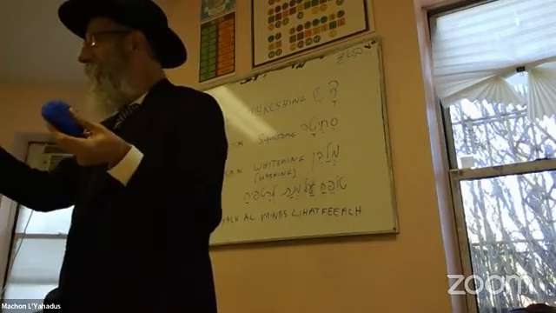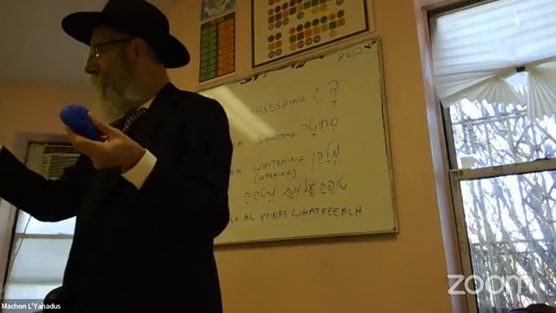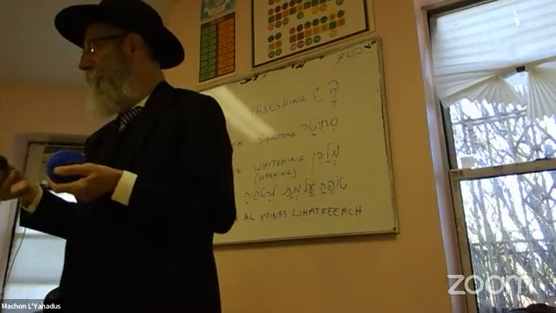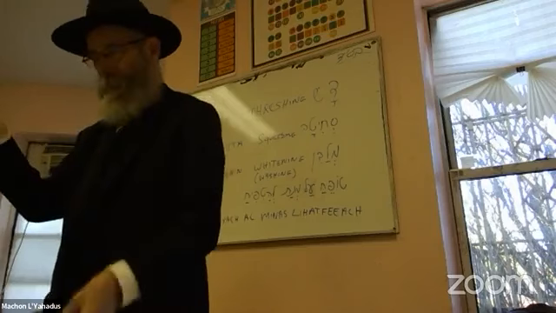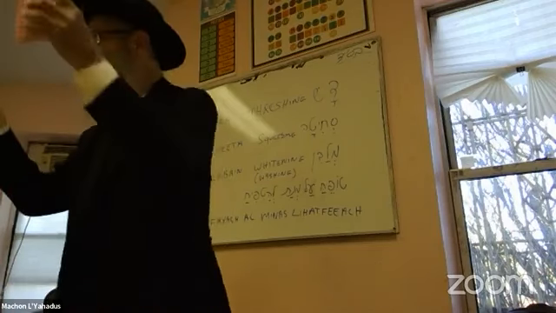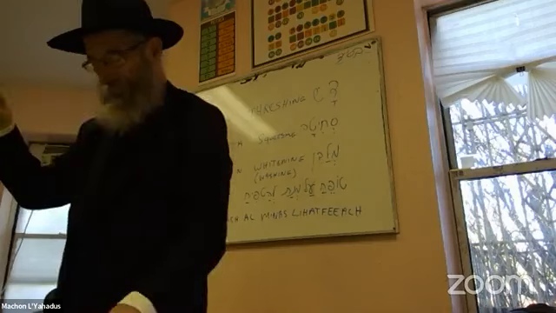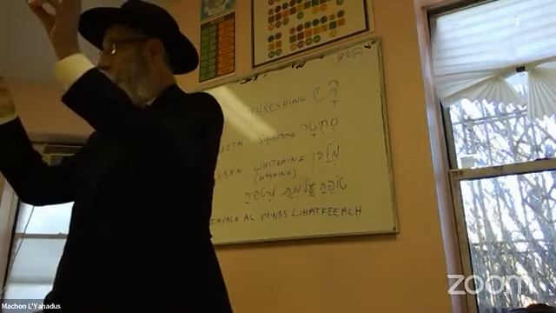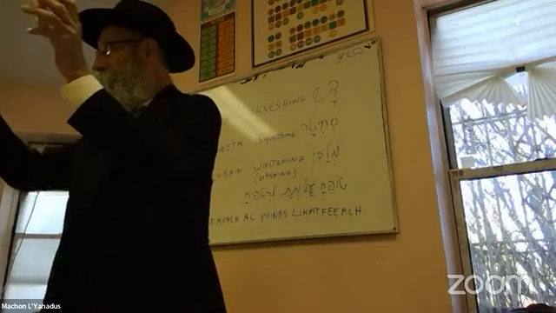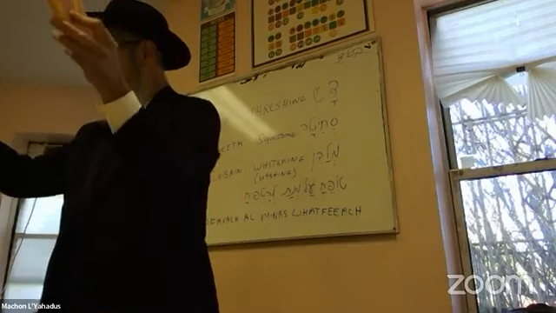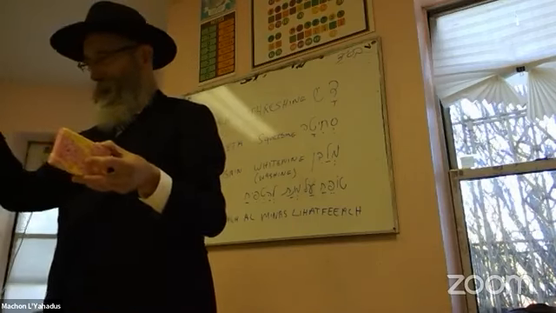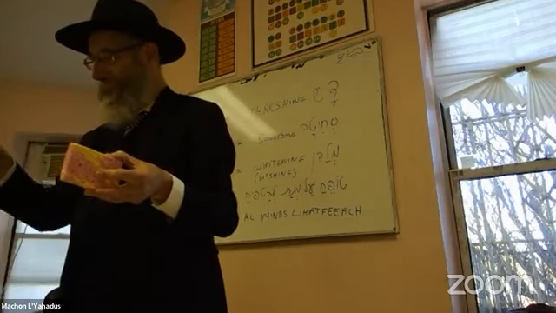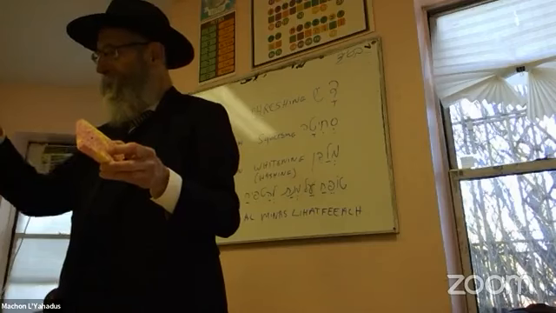Rabbinically, anything that absorbs liquid, even though it's not a material, the Rabbanan put in the same category. Because to us, this and this would be pretty close. If we're going to be using this, then we might come to use this, because when I put it in the water, I don't want to get my hands with soap. This does absorb.